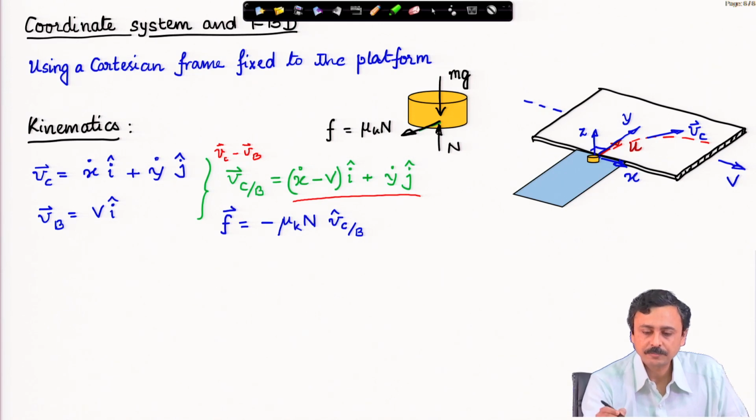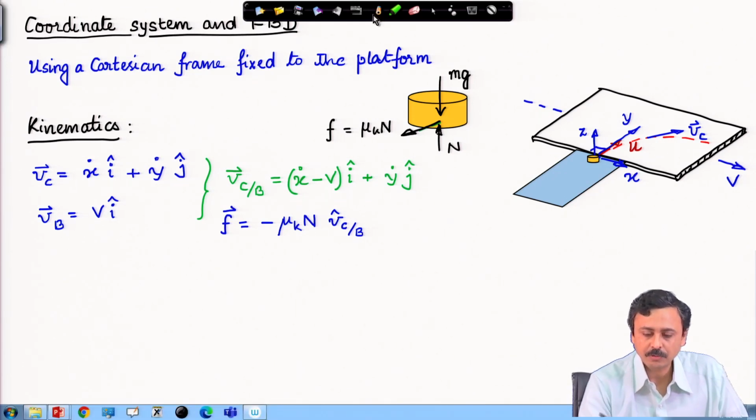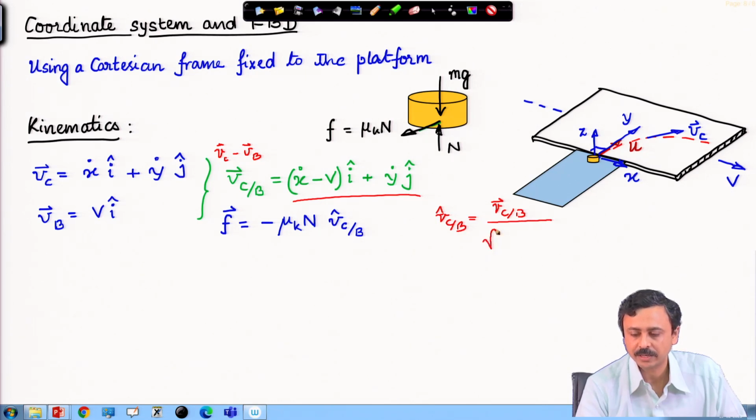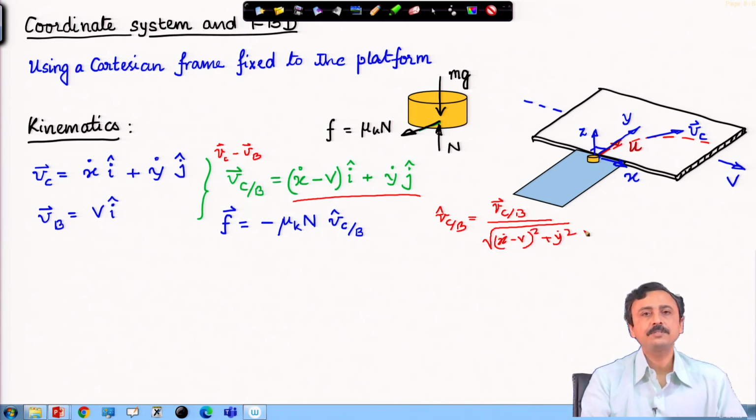That can be found out easily. This V c with respect to B unit vector is nothing but the vector itself, V c relative to B, divided by the magnitude, and the magnitude is the square root of (x dot minus V) whole square plus y dot square. That gives us a unit vector.